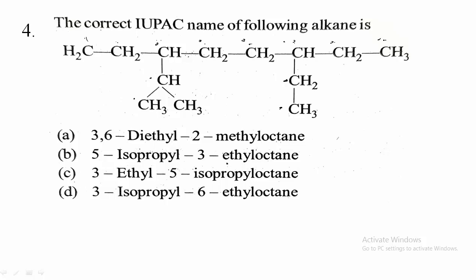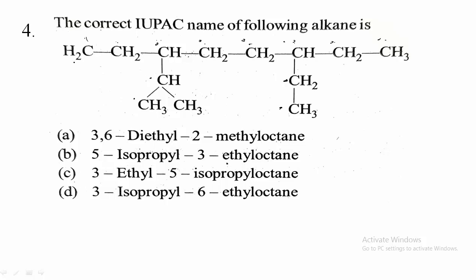Remember, when the number of carbon atoms in the longest chain is the same, then you have to see from which chain we will get more substituent groups. Or when we number the chain, it should consist of more substituent groups.